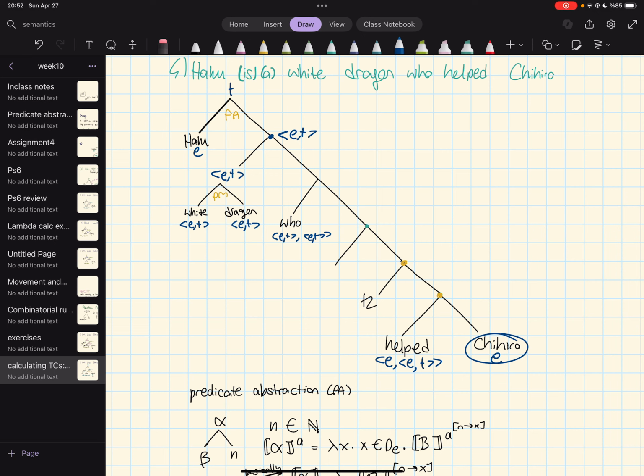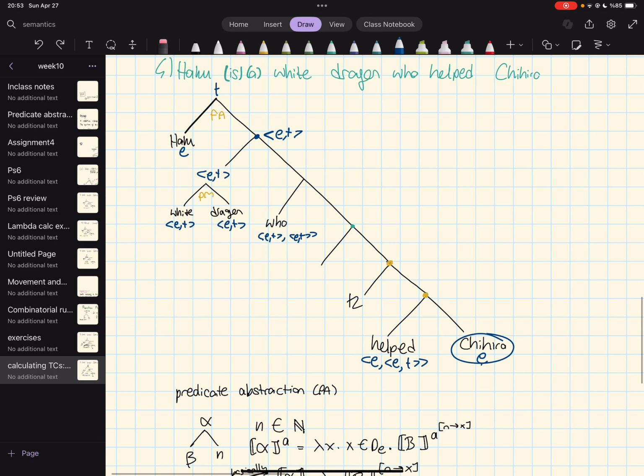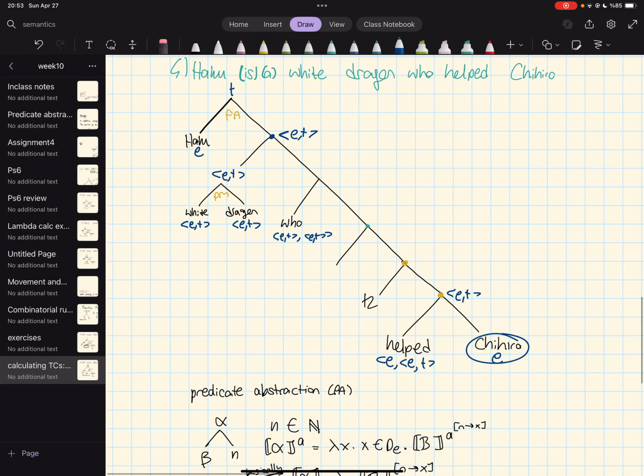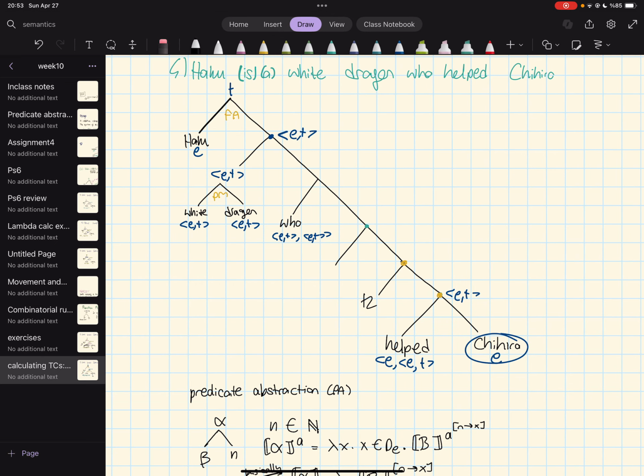Therefore, the denotation of helped is a function of type EET. Therefore, their mother, which is this node, what would it have to be? It takes E as the argument and it would have to return ET. Here we have it. Here we have t2 also. There's actually a 2, but I didn't write it for some reason. I think I erased it by accident.